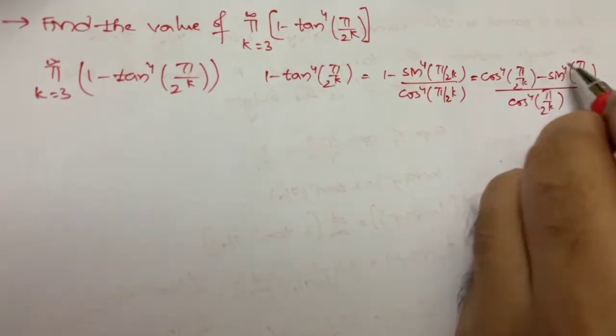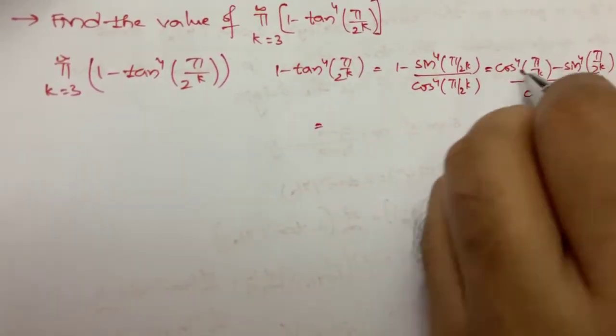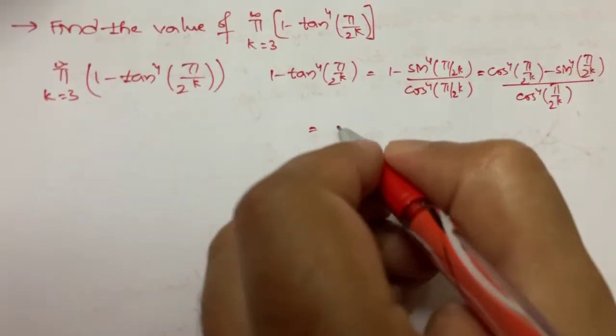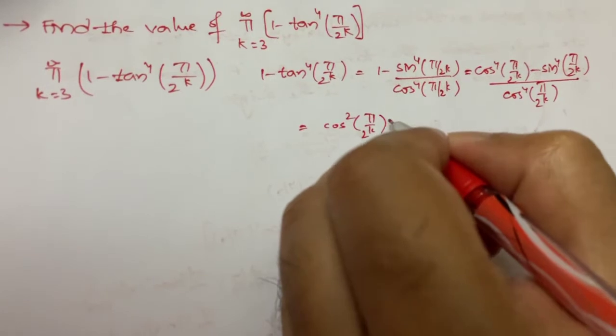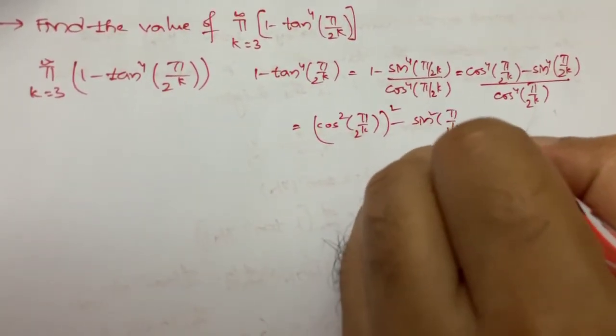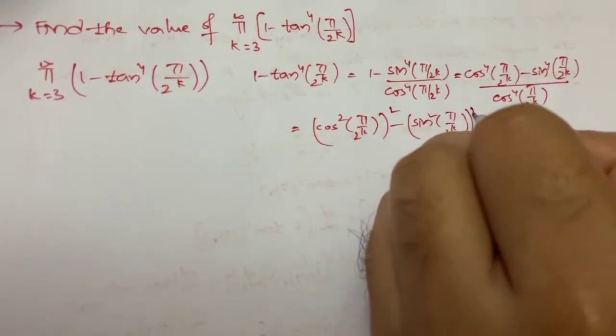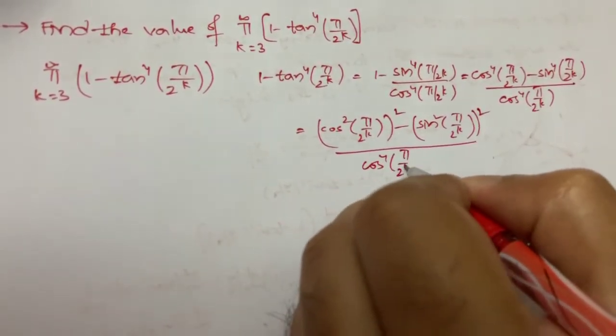So this is (cos² minus sin²) into (cos² plus sin²), because a² minus b² is (a plus b) into (a minus b). So (cos²(π/2^k))² minus (sin²(π/2^k))² by cos^4(π/2^k).